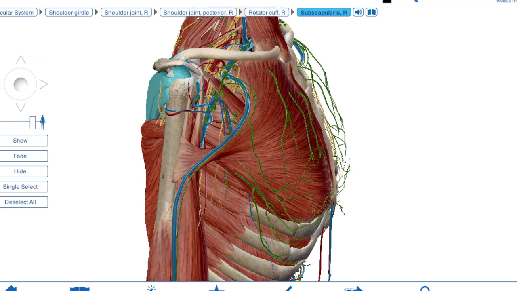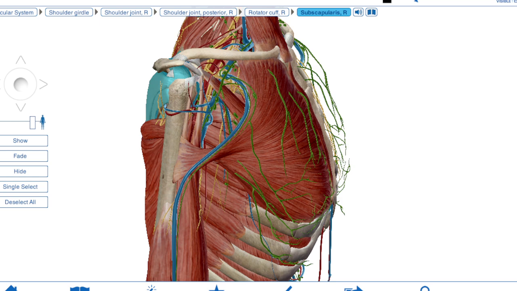The ulnar nerve moves behind and then to the hand, and supplies the hand muscles. Now this area is supplied by the axillary nerve, and this area by the radial nerve.